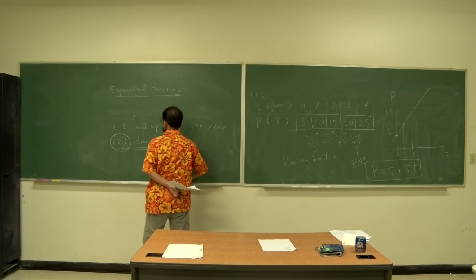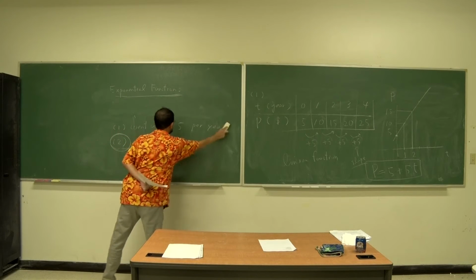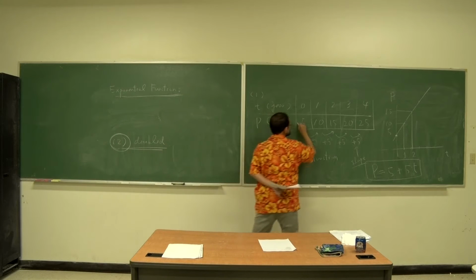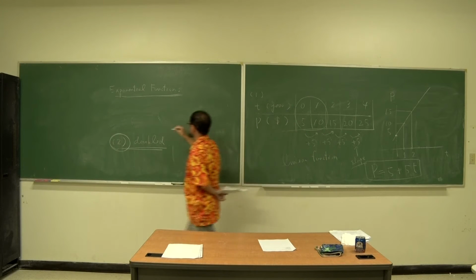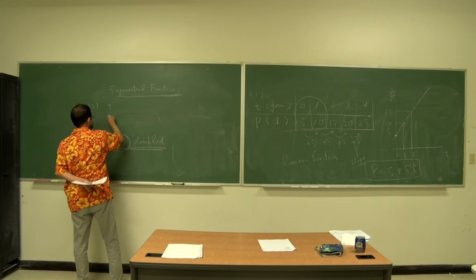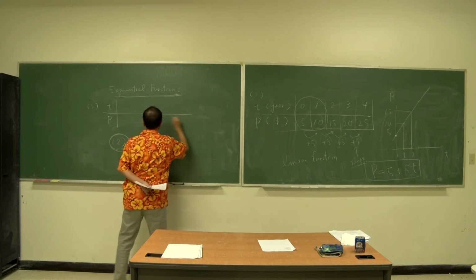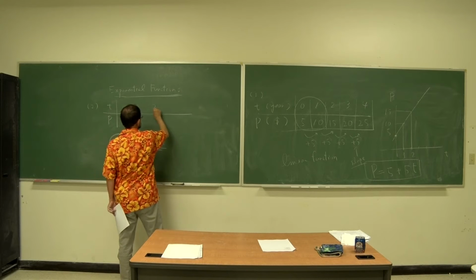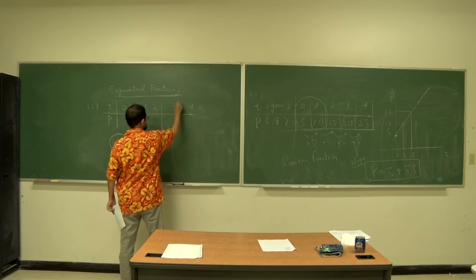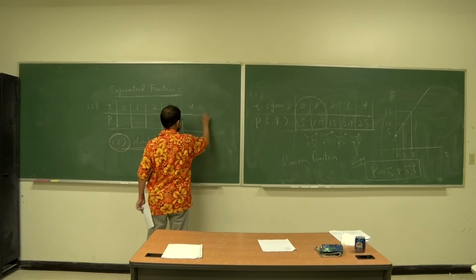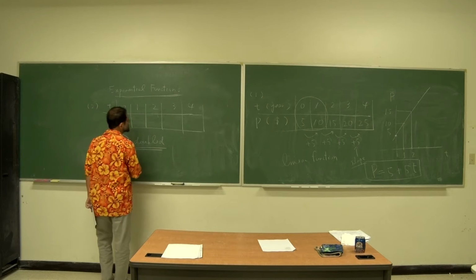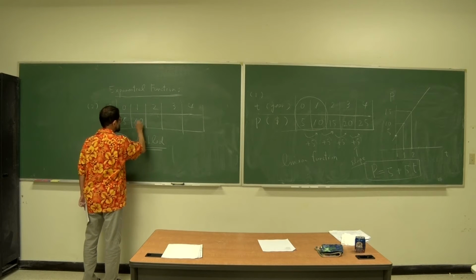This time I have the same table, T and P. So at 0, the initial is $5, then next year it's $10.